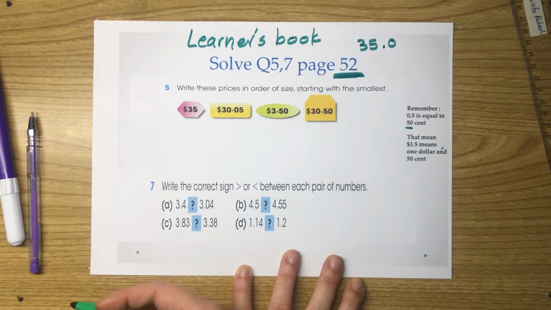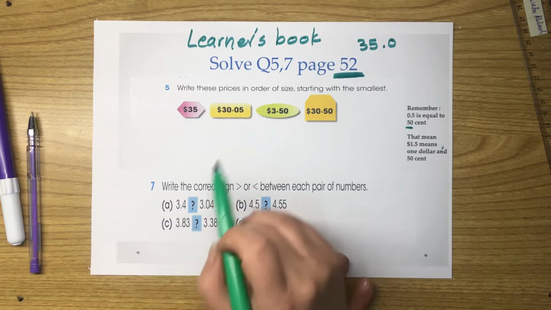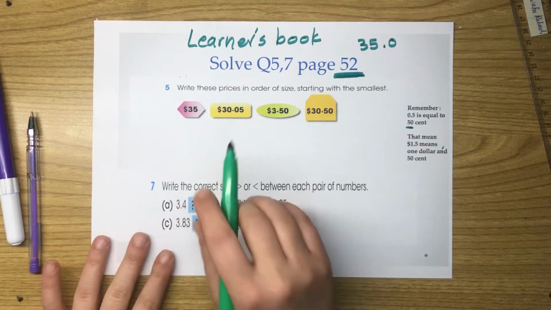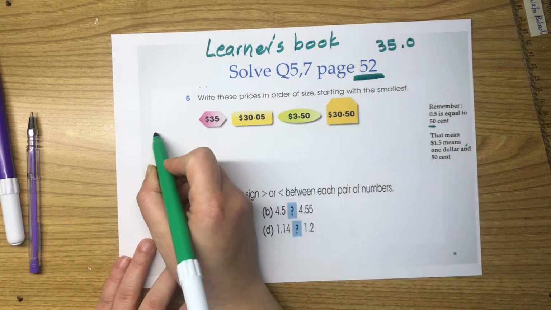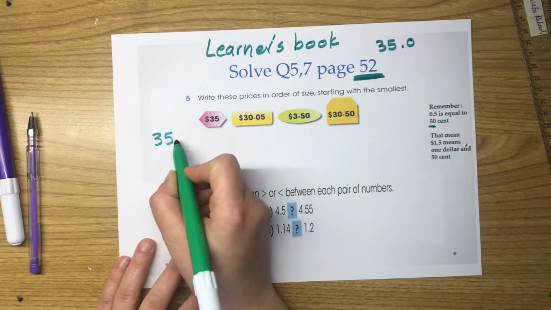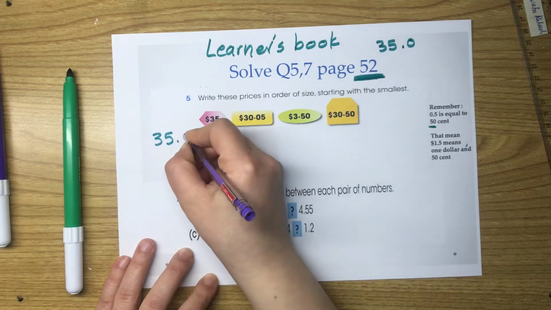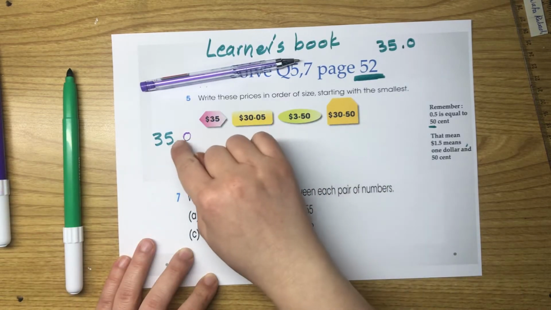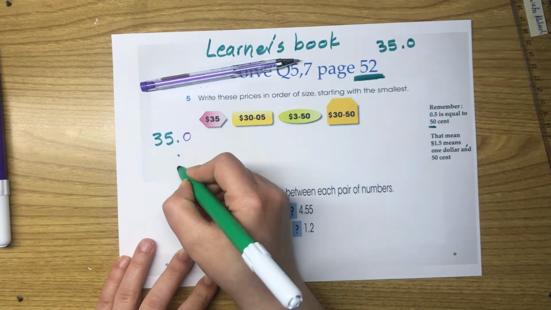To solve our ordering or comparing problem, we are ordering by size starting with the smallest. I'm going to order them 1, 2, 3, 4. I'm going to add the zeros in a different color, so 35.0 and so on, up to 1, 2, 3, 4 decimal places.